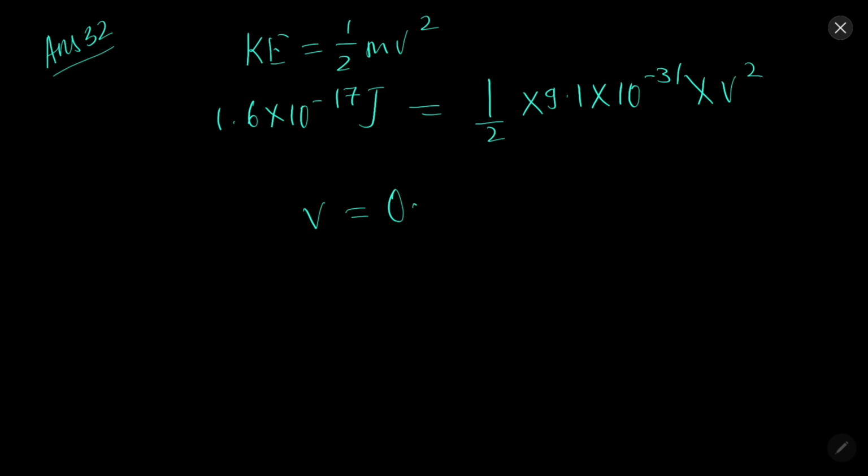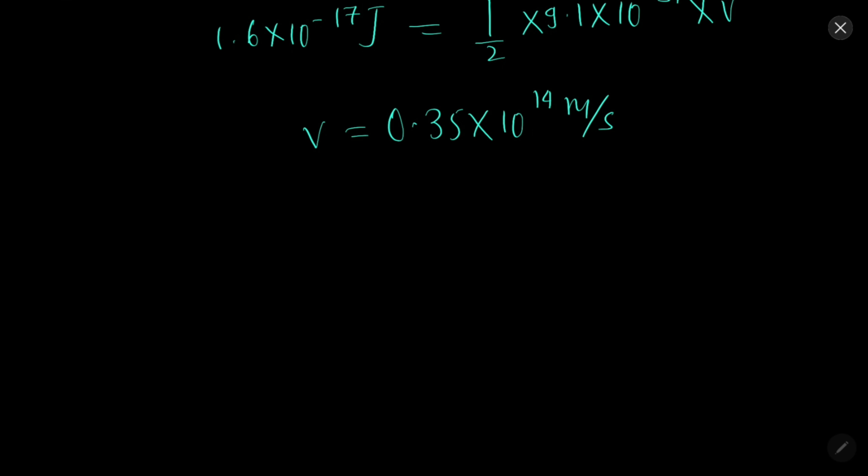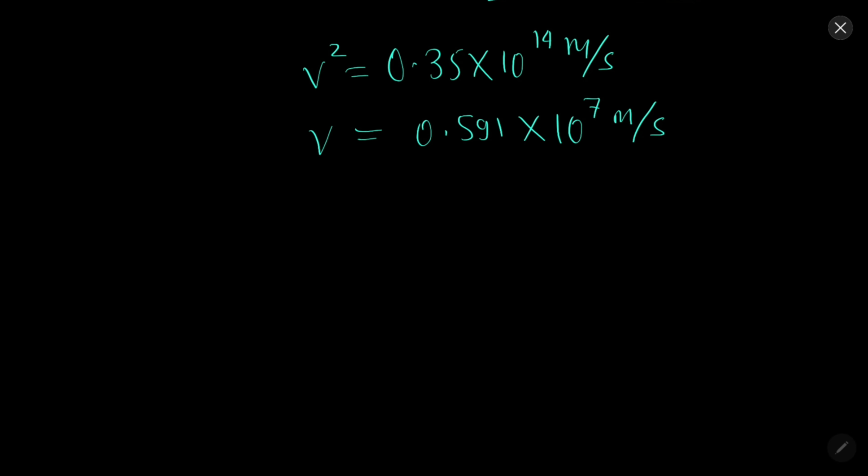So v square will come out to be 0.35 into 10 to the power 14 meters per second square, so v will be 0.591 into 10 to the power 7 meters per second.